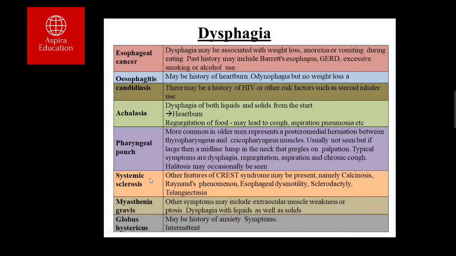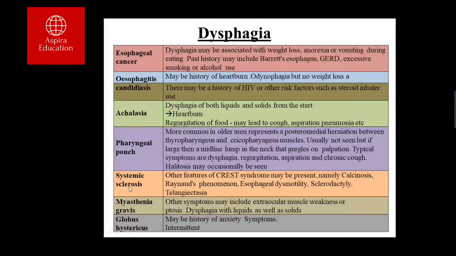Systemic sclerosis. Systemic sclerosis is an immunological condition characterized by the presence of sclerosis both in the subcutaneous tissue as well as internal organs. When you have limited scleroderma, that means it involves the extremities. We have a specific type of limited scleroderma, which is known as CREST syndrome, which stands for calcinosis cutis, Raynaud's phenomenon, esophageal dysmotility, sclerodactyly, and telangiectasia.